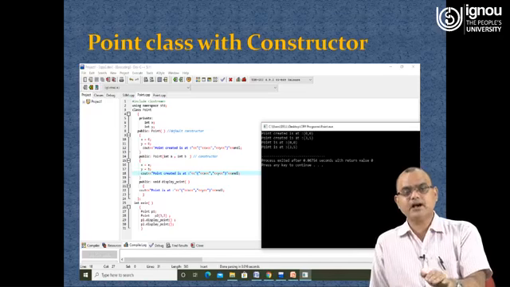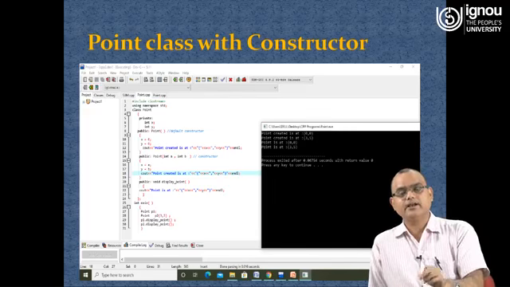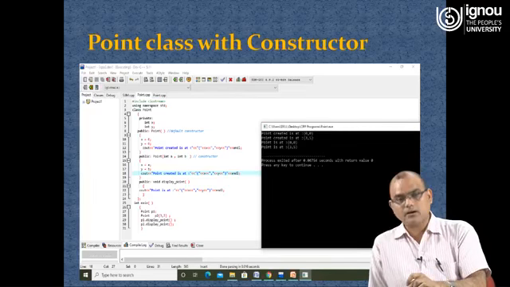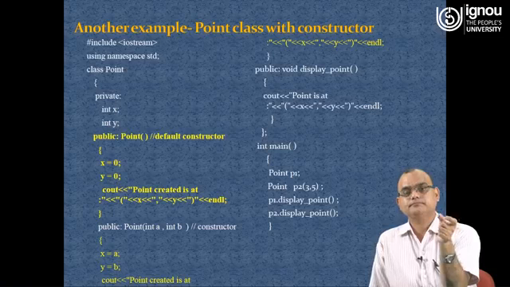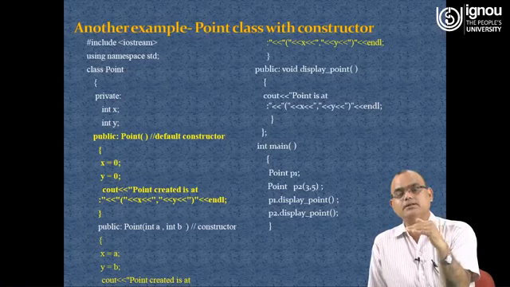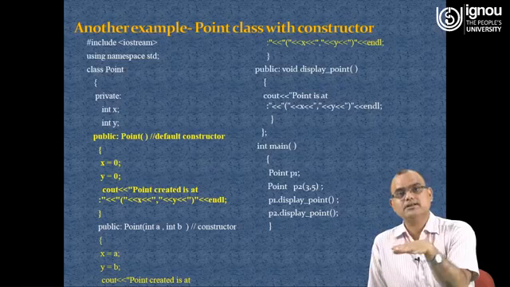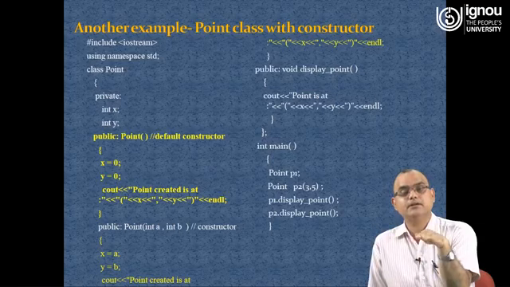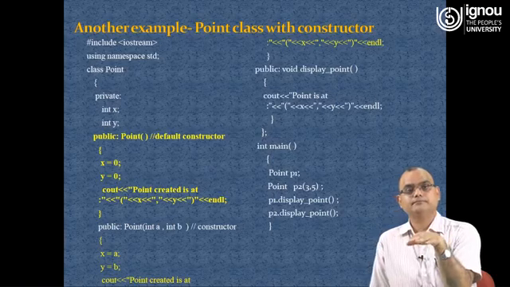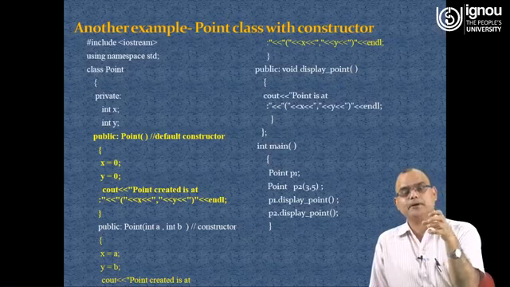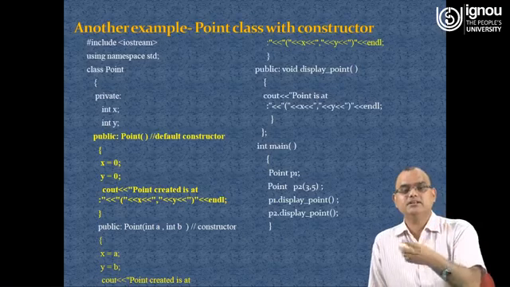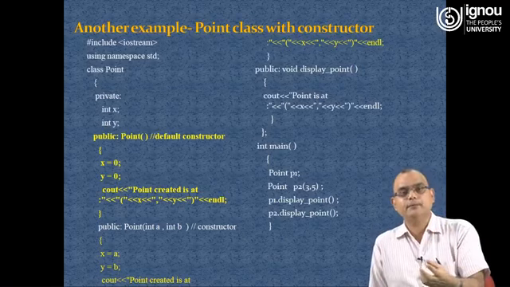So this is the way of writing or creating constructors. Now let us try to understand a little more about the actual need of a constructor. A constructor is a special method, as we discussed, a manager kind of method. The purpose of such a manager method is to initialize the object or to free the memory.